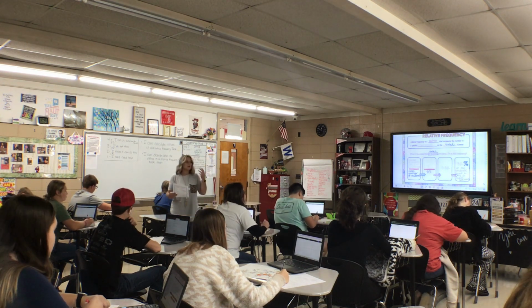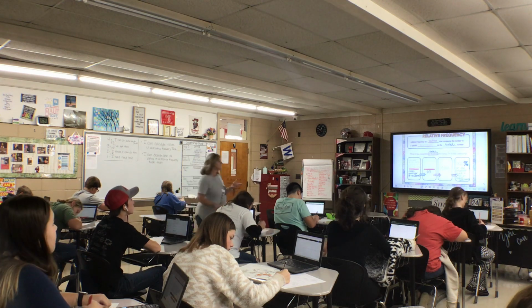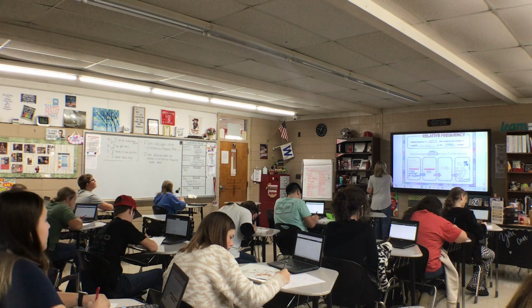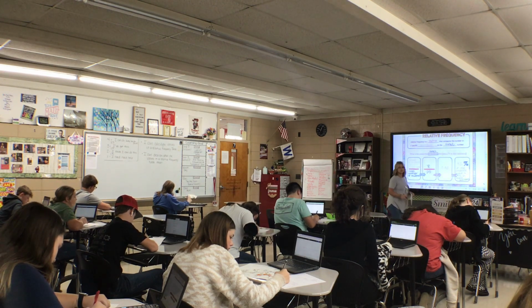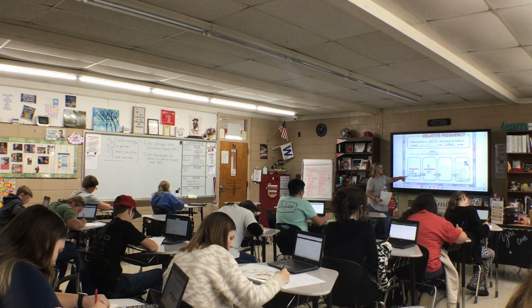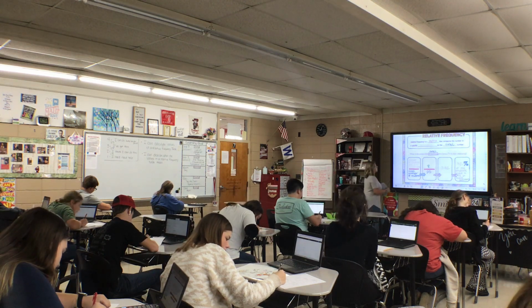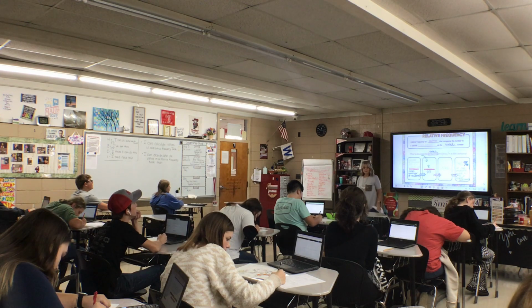What's the number of students who have a TV in their room? 8. So my proportion is going to be 8 over the total number of students, which is 25. So this is my proportion.